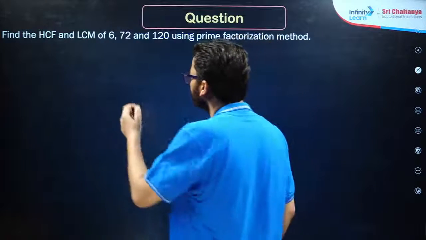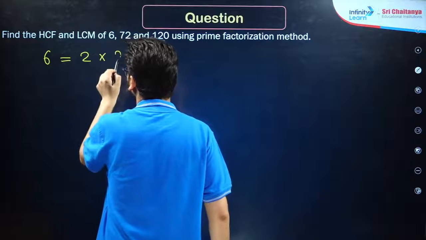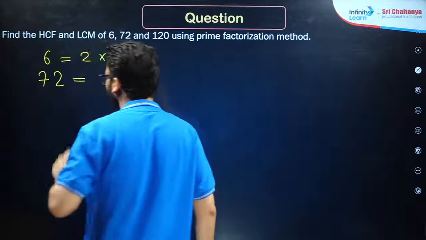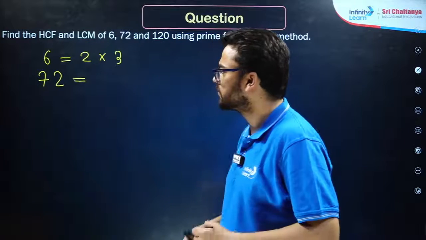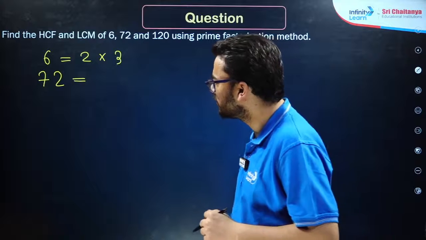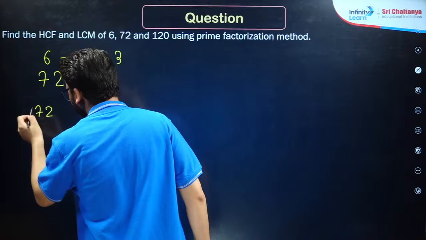So what is the first number over here? That is 6. So 6 is nothing but 2 into 3. Then you have got 72. 72 is what? You can do its prime factorization. Basically, you can do it like this as well. That is very simple.